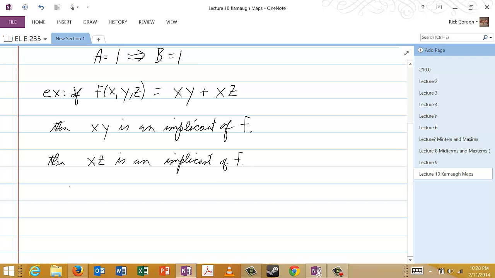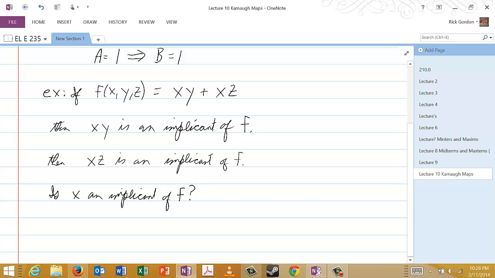Now let's ask, is x an implicant of f? The answer here is no, because if x is equal to 1, that doesn't necessarily imply that f is equal to 1.